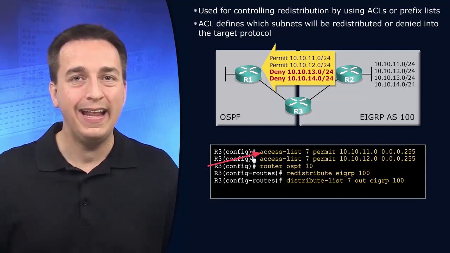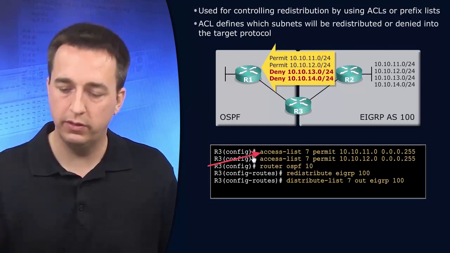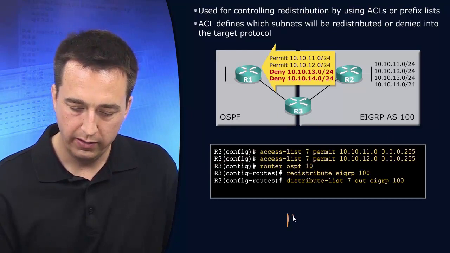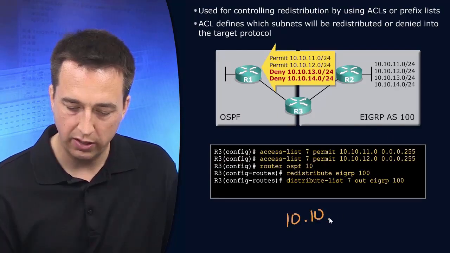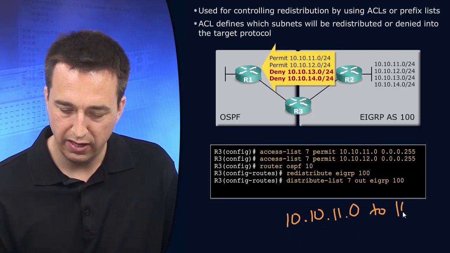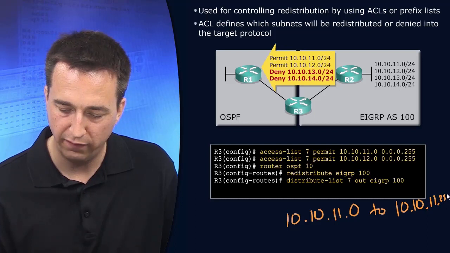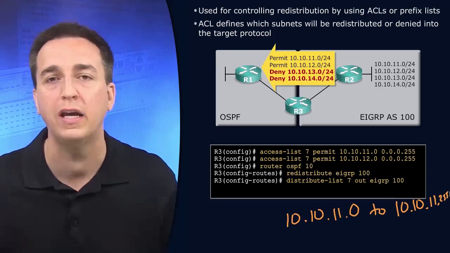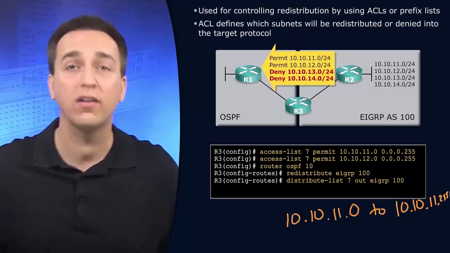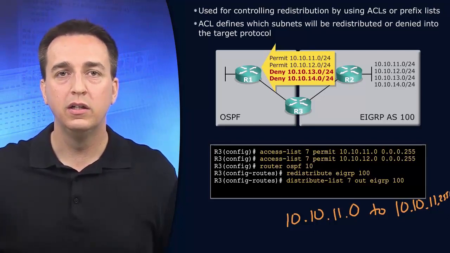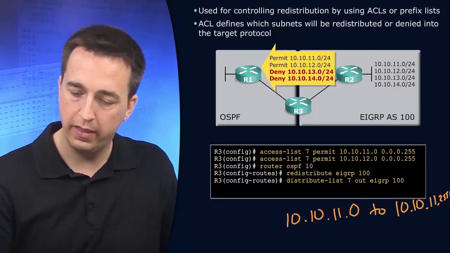So what it's stating here is that any route that falls within the range 10.10.11.0 to 10.10.11.255, regardless of the subnet mask, it doesn't matter what the subnet mask is, we permit it.